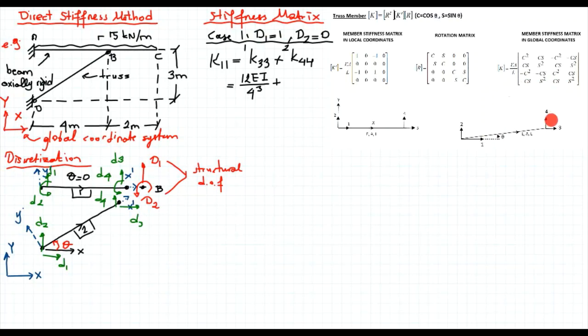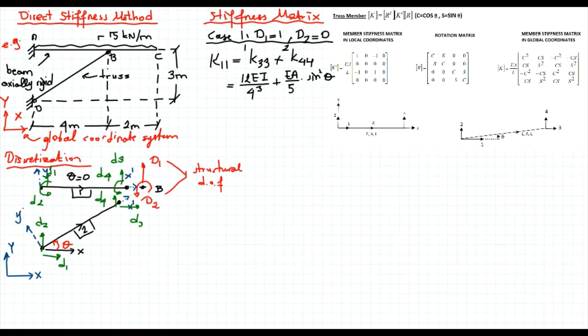Now K44, so I will be using this stiffness matrix. Remember that now these are my degrees of freedom. So in order to create a unit translation in the 4 direction, I will need EA over L multiplied by sine square theta. So let's write it down. This is EA over 5 multiplied by sine square theta, theta being the rotation angle.